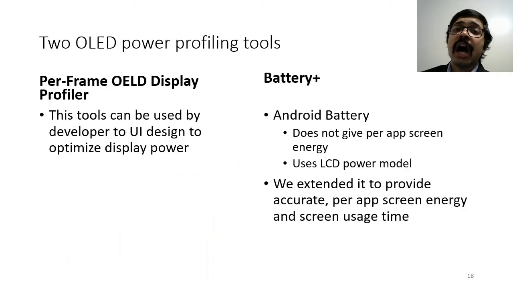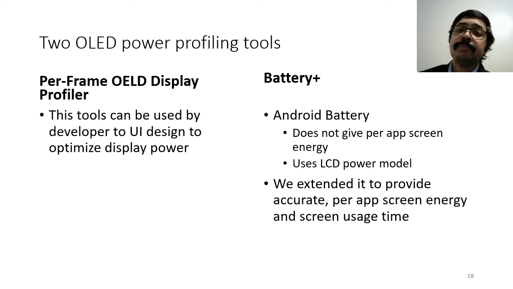Both of these tools are for developers and for the phone users, for using which they can explore, quantify, and improve the user experience. First, we develop an offline per frame OLED display profiler. It is designed to identify all UI components of the app activity and estimate the display power drawn by each UI component. This tool can help developers to gain insight and aid them to optimize their app.